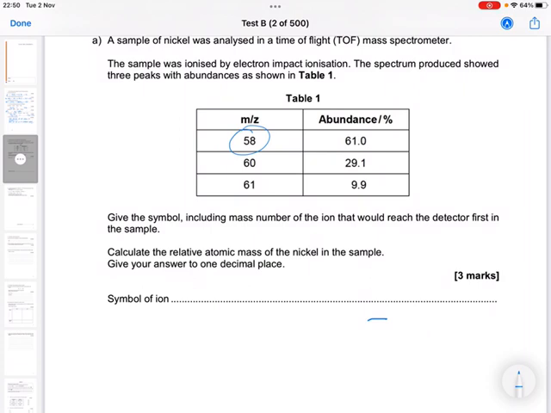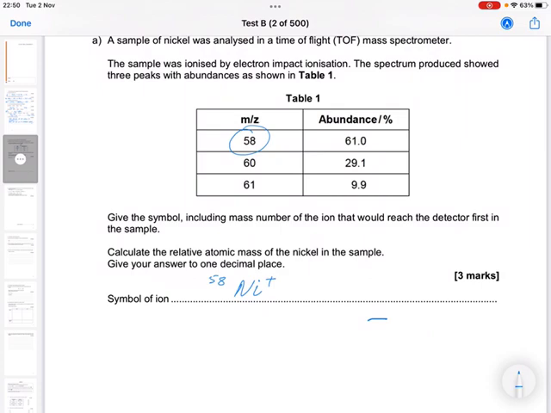So the symbol of the ion, now this is key, because if you write 58, that's not enough. He wants the symbol of the ion. So it's nickel. We've just determined that it is nickel 58. And in order to be accelerated and detected, it needs to have a 1+ charge. Okay.